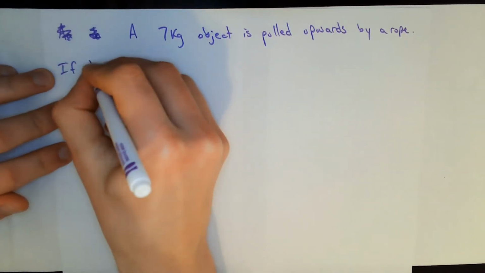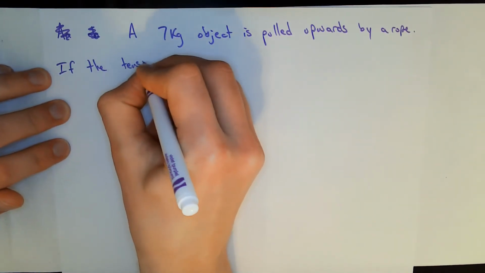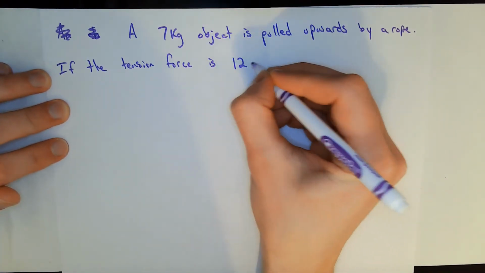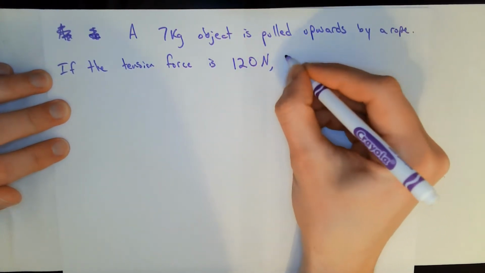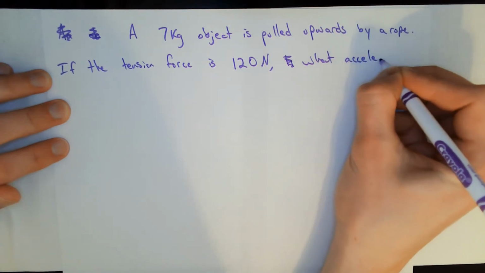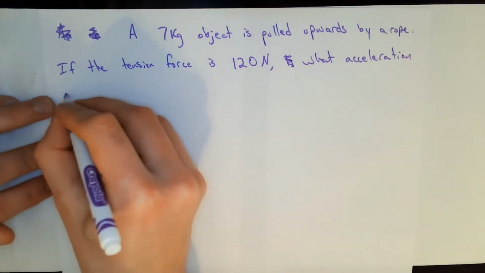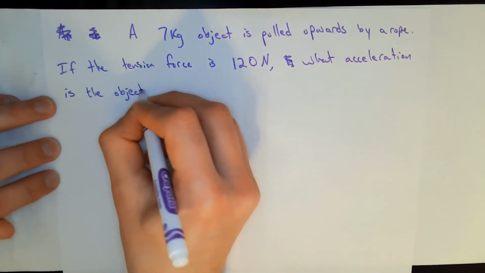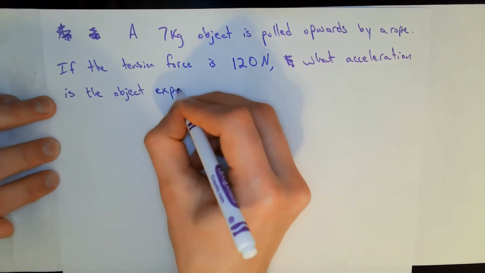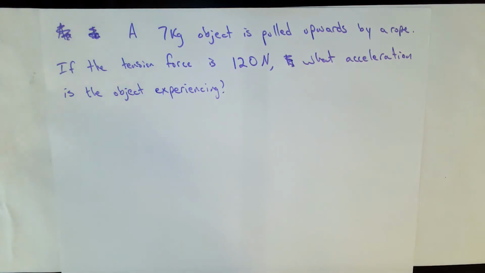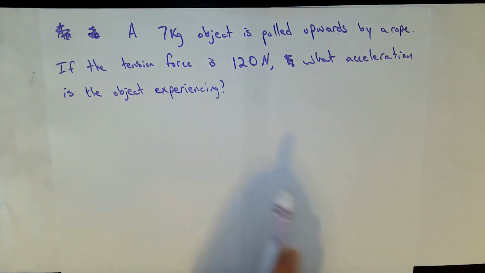If the tension force is 120 newtons, what acceleration is the object experiencing? In other words, what is the acceleration that's being used to pull this 7 kilogram object up with a tension force of 120 newtons?